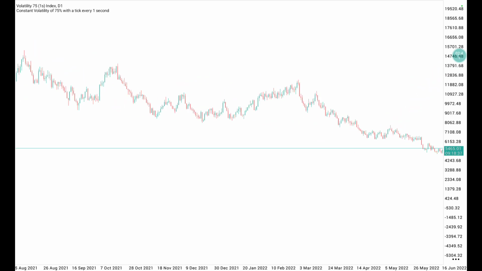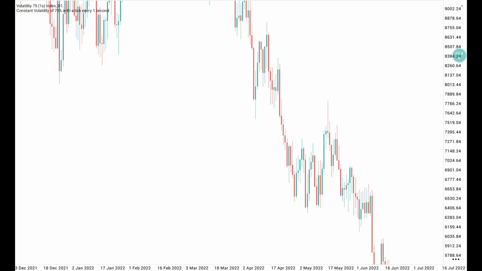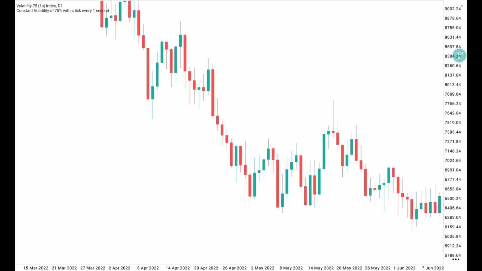Okay, so look at it. We have this break of structure here. Let me use my horizontal line.